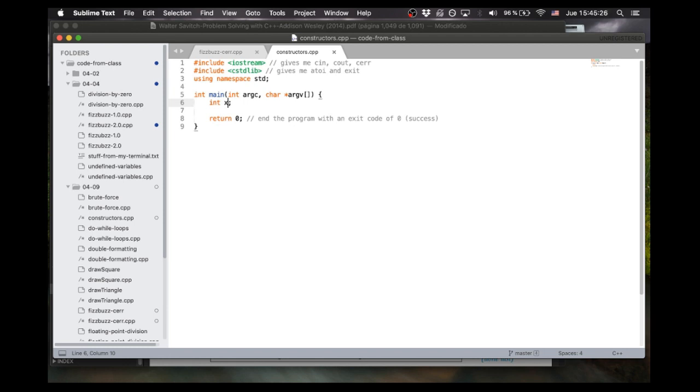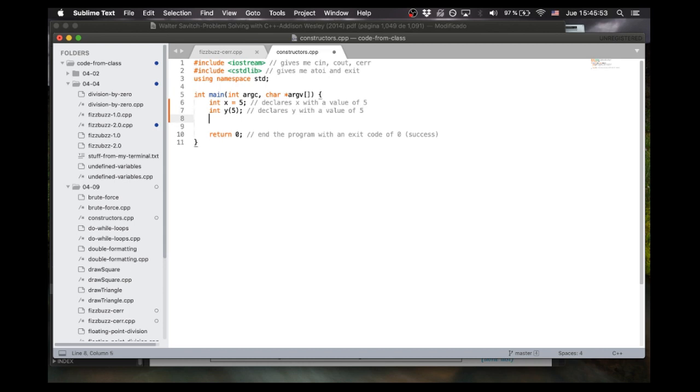So the normal way in C++ to declare a variable and assign to it in the same line is something like this. Declares x with a value of 5. There's another way to do it. Int y 5. And it looks like you're calling a function in a sense. Declares y with a value of 5.